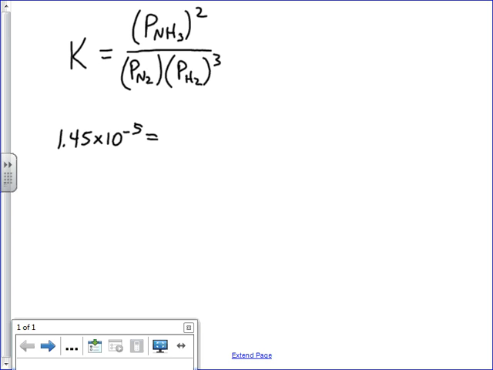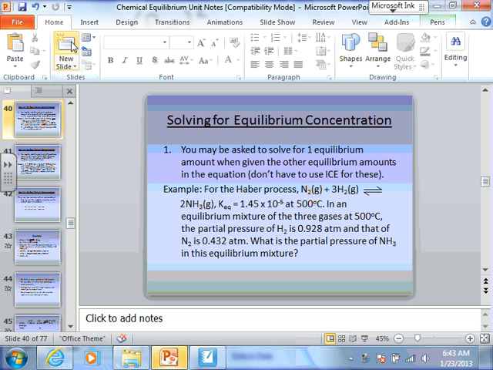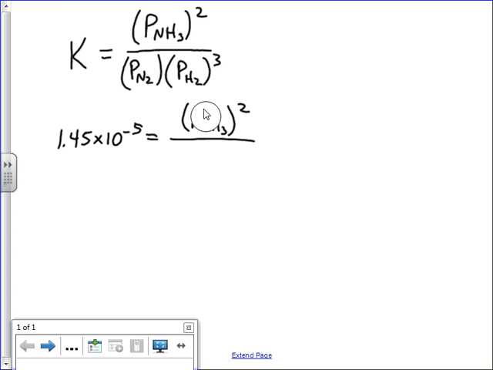They want to know the partial pressure of the NH3, so that's actually what we're solving for here. You can call that x if you want to. It might be easier if we just relabel this x, and then just remember that x stands for the pressure of the ammonia.